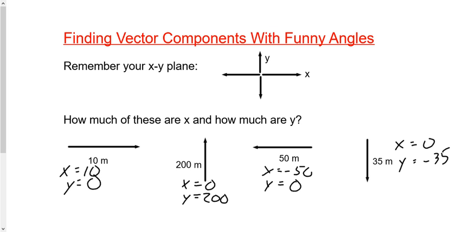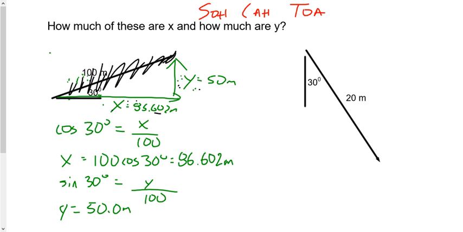These are easy to deal with. It's the 100 meters at 30 degrees that wasn't easy to deal with. So I'm going to erase that, but remember that 100 meters is gone now. That 100 meters is dead to us. We're never going to use that 100 meters again. We've replaced it with 86 to the right and 50 up.